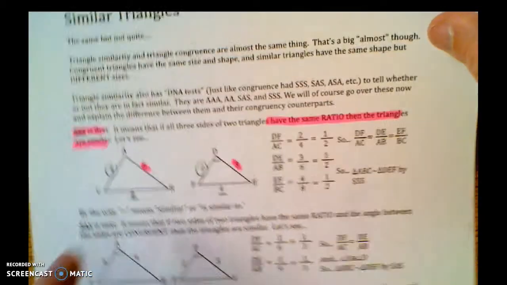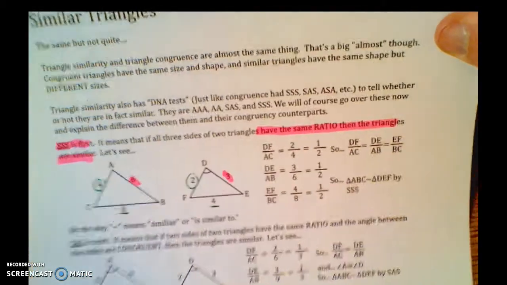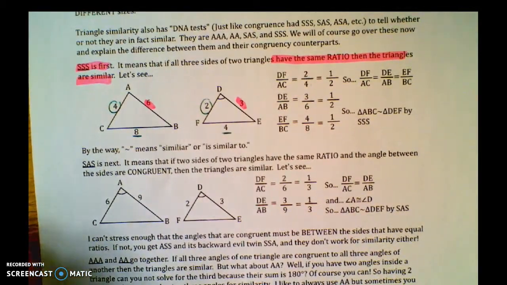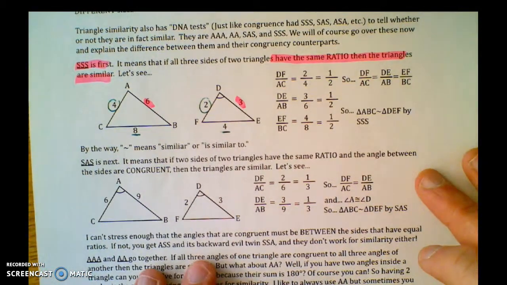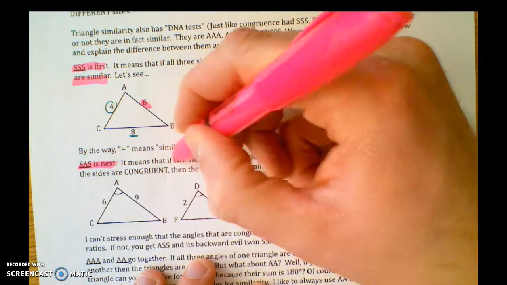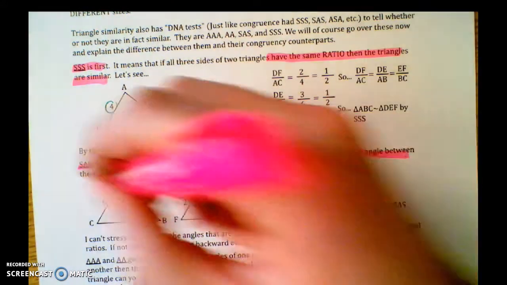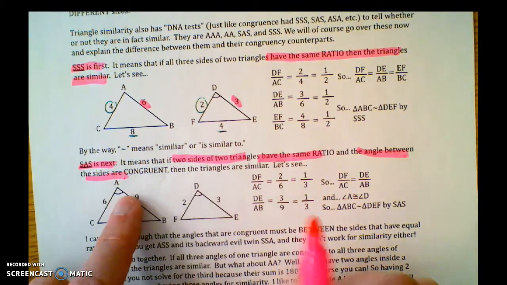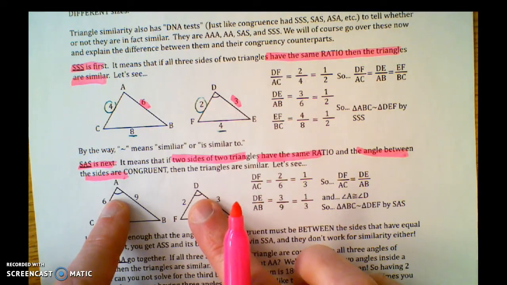The next method we can use is SAS. So SAS means that if two sides of two triangles have the same ratio, and the angle between the sides is congruent, then the triangles are similar. So we have SAS, two sides have the same ratio, and then the angle between. Remember the A is sandwiched in between the S's, so the angle has to be sandwiched in between the sides that are proportional.